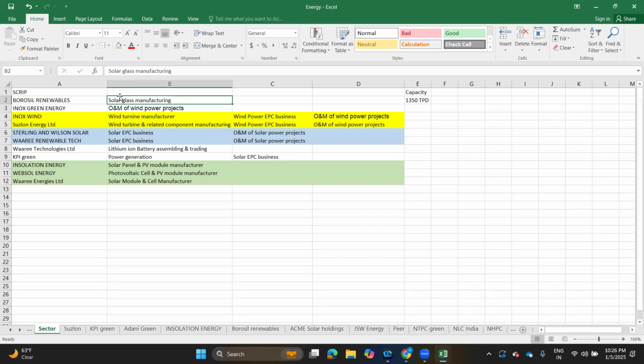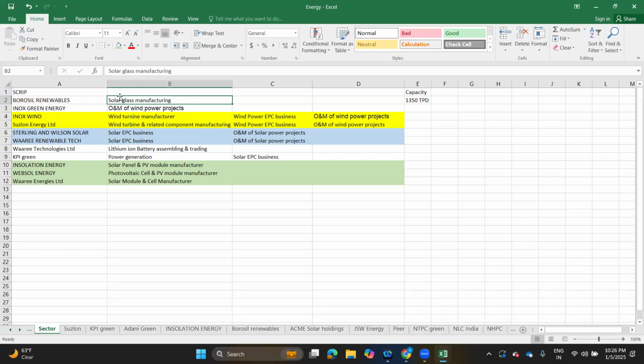What does this company do? This is basically a solar glass manufacturer. They are a flat glass manufacturer. This flat glass, what Borosil Renewables makes, finds application in solar photovoltaic cell manufacturing and solar module manufacturing.